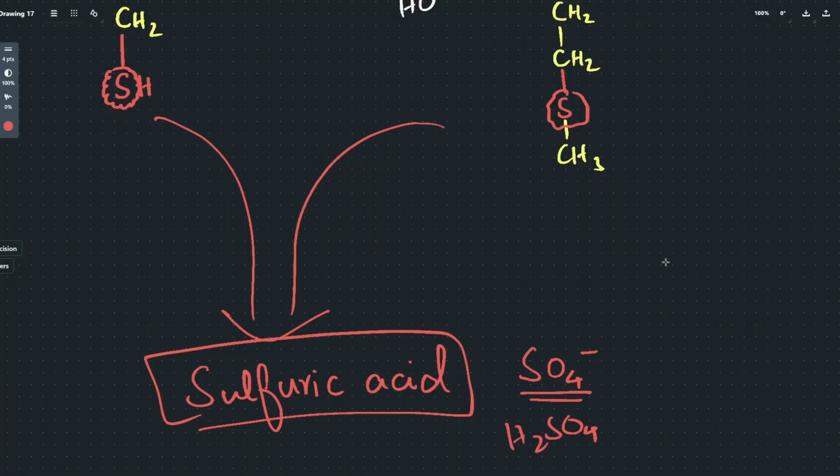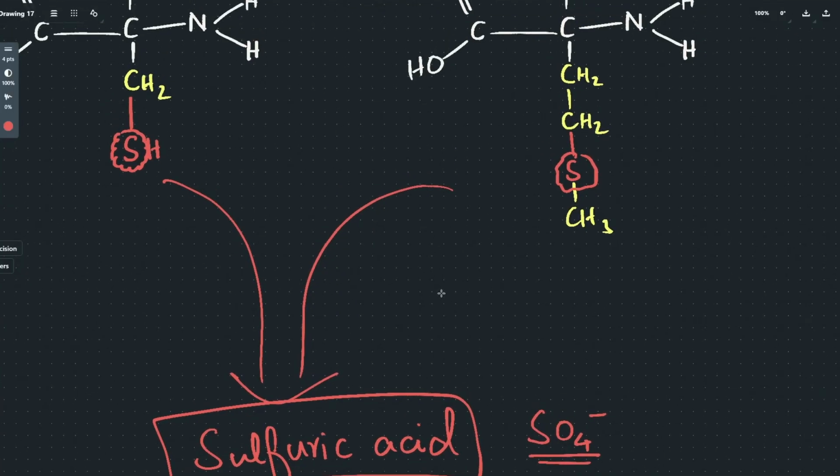Again, I do not want to go too much into the biochemistry of metabolism of amino acids, but anyhow please understand, by the way, what is the name of these amino acids? This is cysteine, a sulfur containing amino acid, and this is methionine, another sulfur containing amino acid.